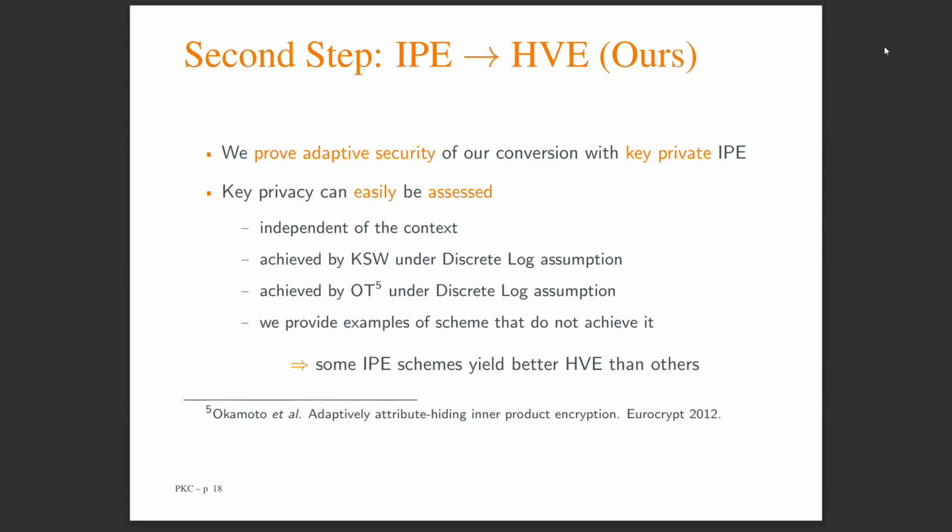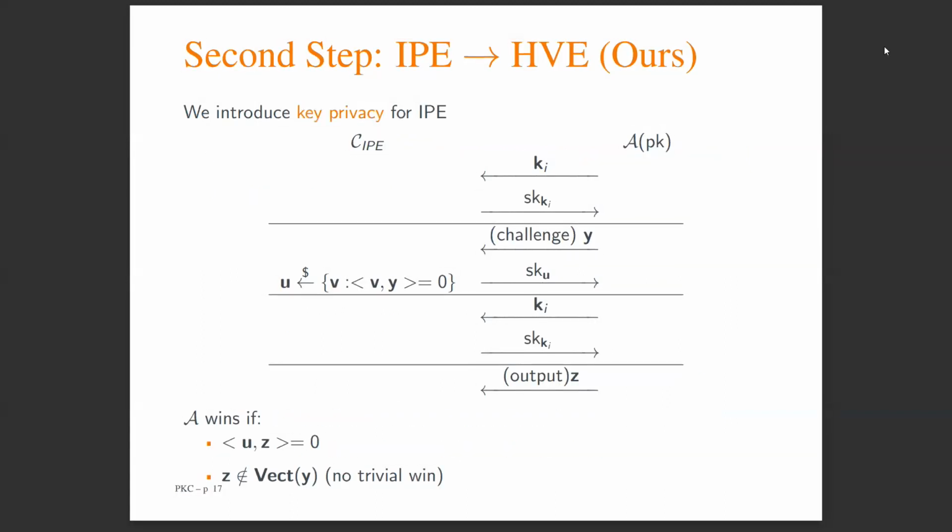But in some other situations, for example constructions that are not based on pairings, to perform the test operation you need to know the vectors, because the components of this vector will be involved as exponents in the computation. So such constructions inherently rely on the knowledge of the vector associated to the secret key. And as I explained, if you know this vector, you can trivially break key privacy, because you just have to choose a vector orthogonal to public vectors.